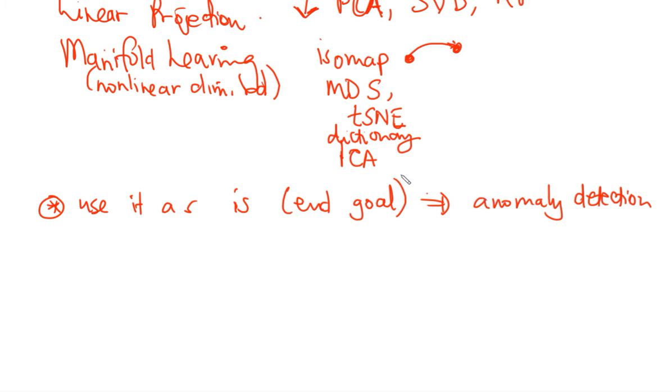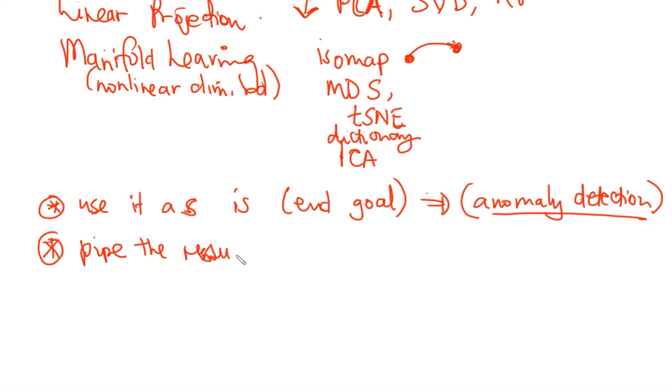Remember, in the previous chapter, we built a fraud system using supervised learning algorithms. In the next chapter, we will build a fraud detection system using the same dataset, but doing anomaly detection via dimension reduction. Alternatively, once you reduce the dimensions, you can pipe the results into another ML algorithm, say a supervised machine learning model at the end.